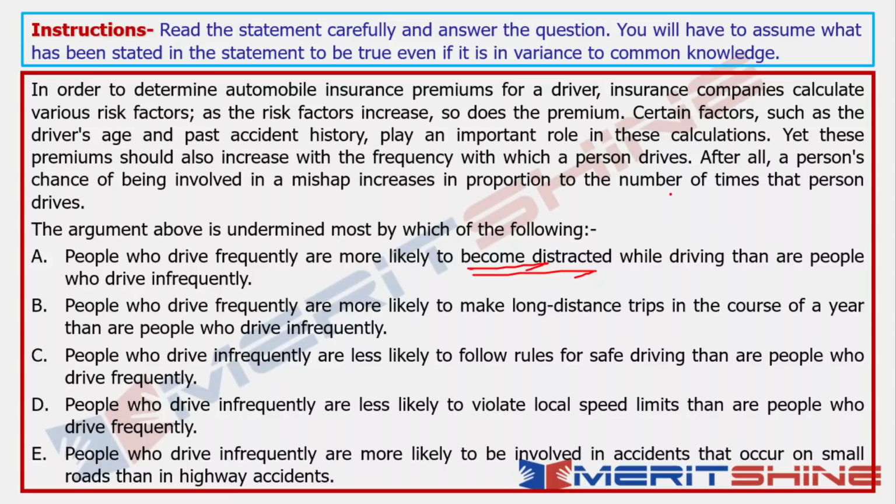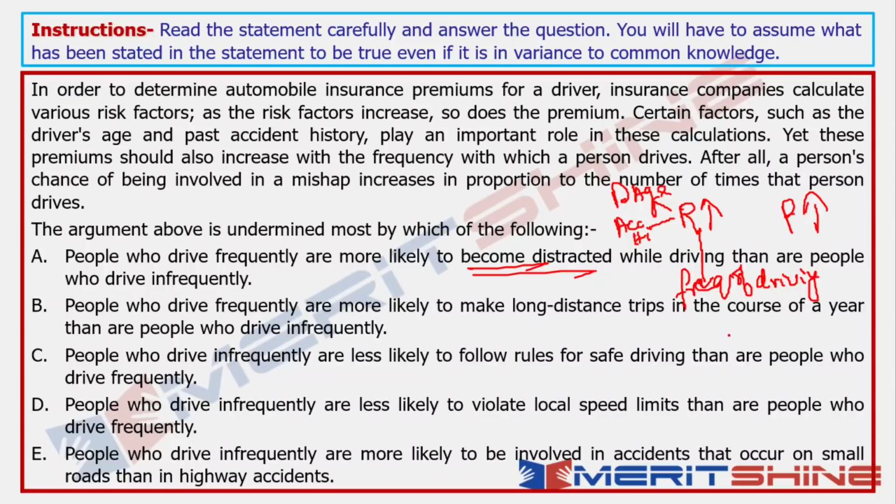Here also a mind map would help. Here a mind map would be in your mind like this: risk factor increasing and premium should also increase. Risk factor has driver's age and accident history. Okay, but the author thinks risk factor should also have frequency of driving.